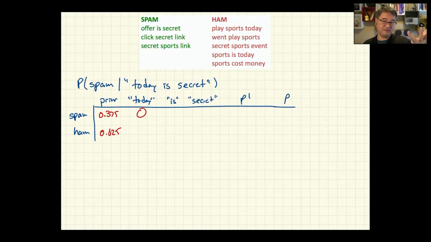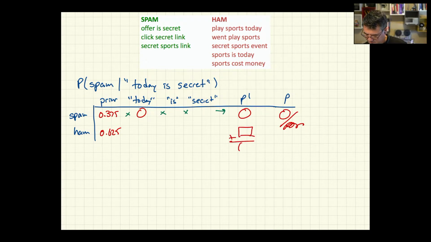And that's actually a little bit of a problem, because when we multiply these together, we're going to get 0 here. And then when we compute our final probability, it's going to be 0 divided by something, right? Remember, we're going to add these up. But we're going to end up with 0 as our answer.